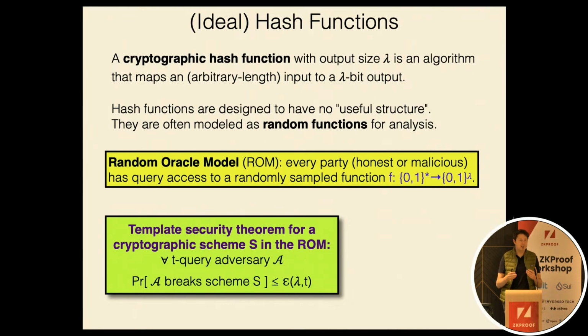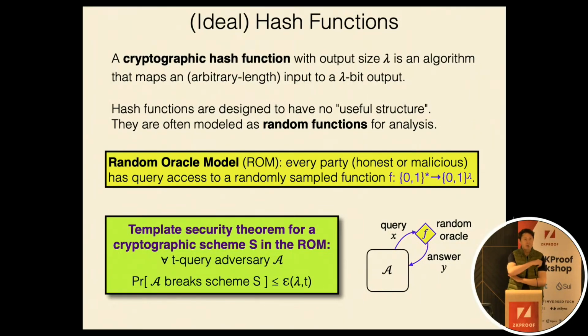Then you want to prove that the probability over the choice of hash function that the adversary breaks your scheme is bounded by some function of the resources of the adversary, namely the bound on the number of queries t, and the security parameter lambda, which is the output size of your hash function. Okay? So this is the picture. You have your adversary. It interacts with the hash function up to t times, and it tries to break your scheme. All right? Good.